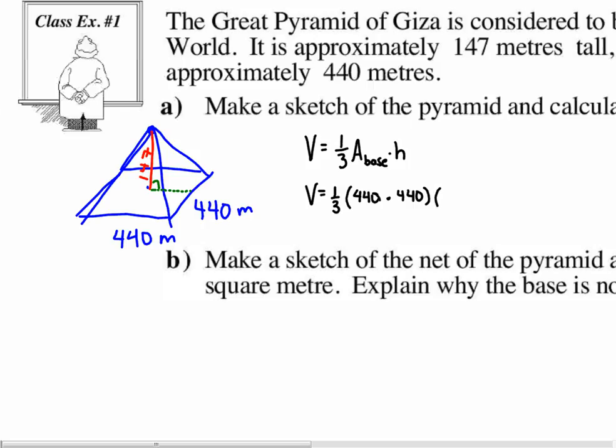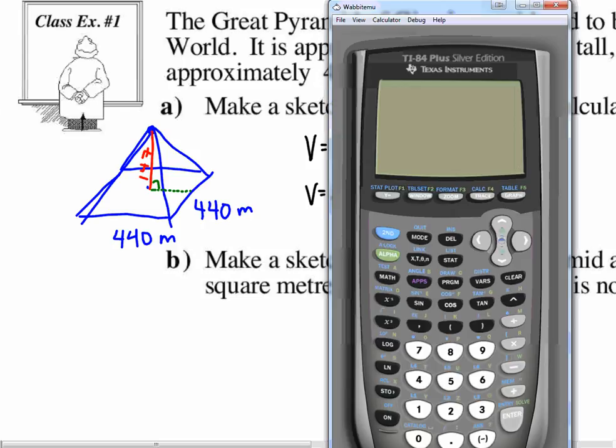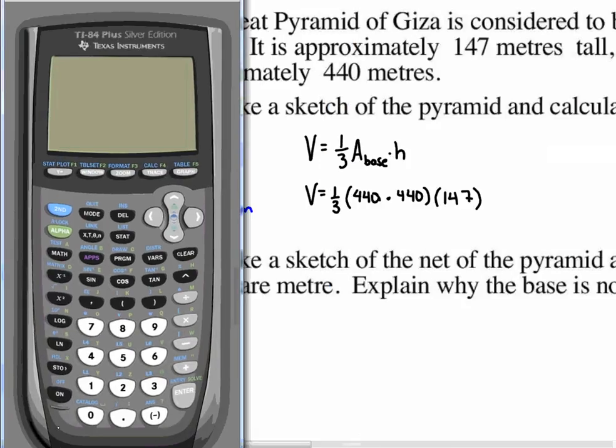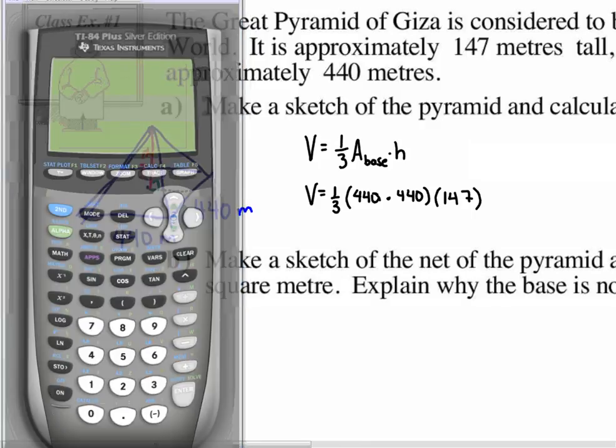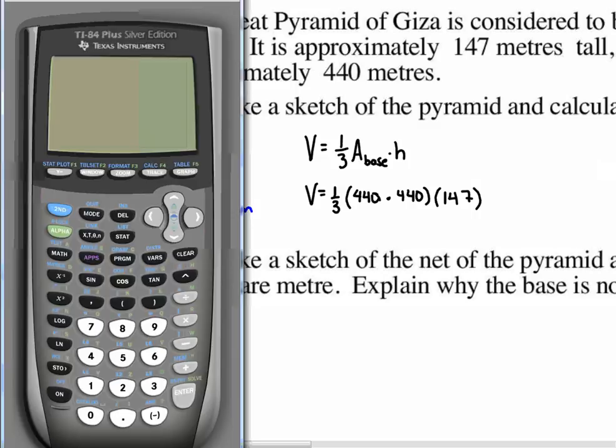When we want volume, we always want the vertical height. So for surface area, we need slant height. For volume, we want vertical height. So that is 147. Okay. Does everyone have their formula sheets on them? Okay. So let's just type this in first, and then we'll grab our formula sheets and look at them. So 1/3, you can also do your answer divided by 3 instead of 1/3.